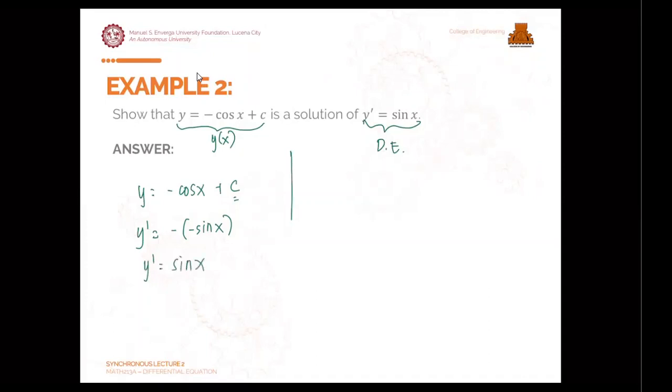Okay? Then substituting to the original differential equation, sine x. So makikita naman natin na nag-equate yung mismong function natin. So therefore, sa solution. Okay?